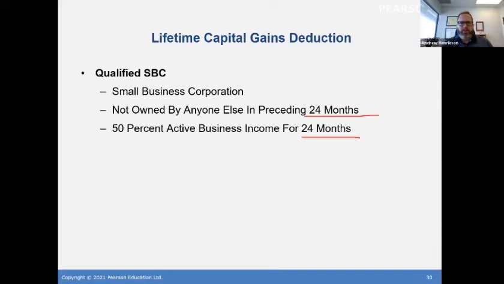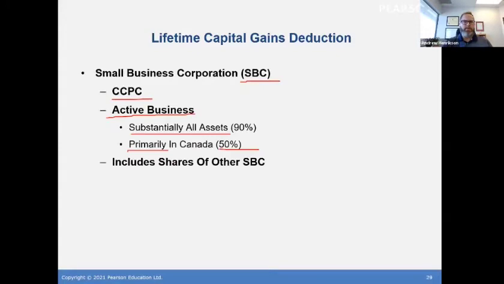Just looking at Patrick's question, would that mean we have to own 90% of the shares? So no, you can own any. Let's go back to this. What substantially all of the assets means is that the corporation's assets need to be substantially used in active business.